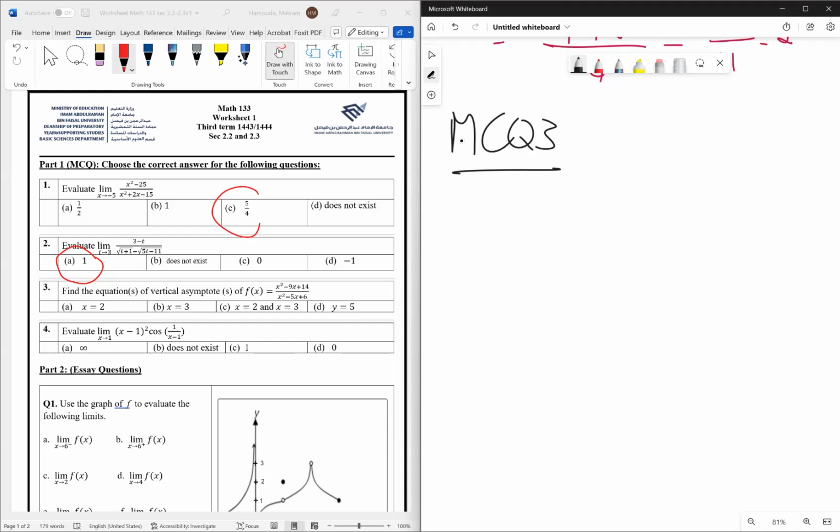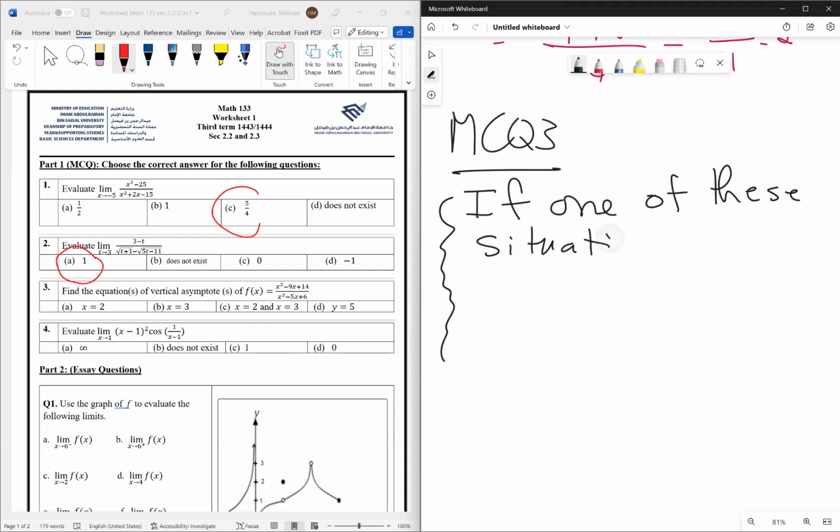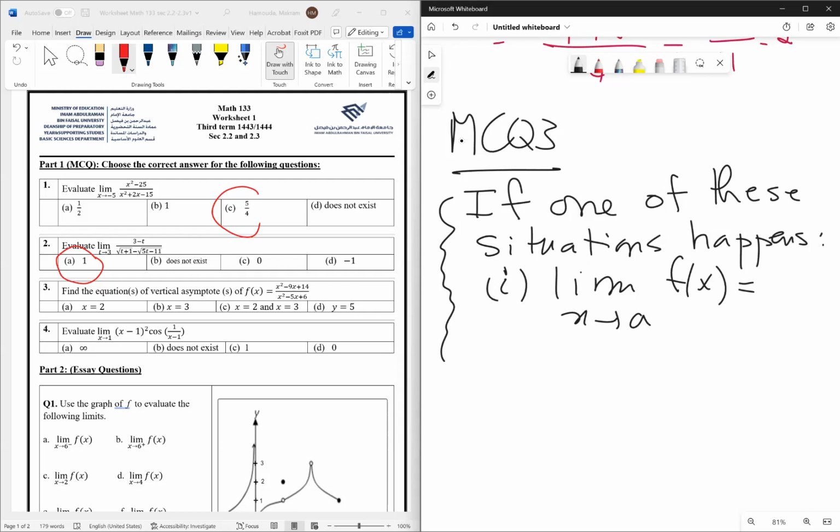If you have one of the following situations, so this is the reminder, if one of these situations happens. One, limit x approaches a of f of x is equal to plus or minus infinity.